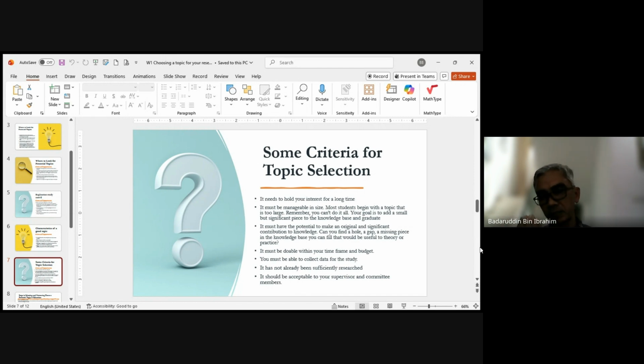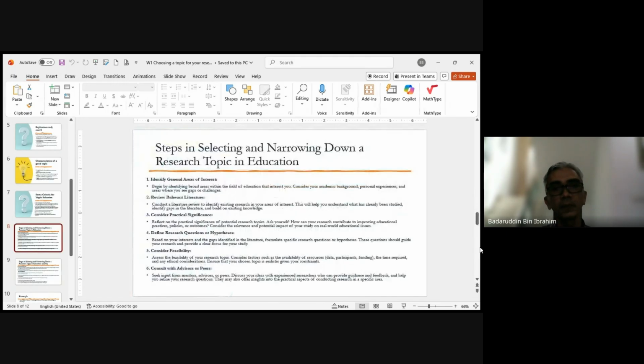So that's why I mentioned early on that you must get close and engaged with your supervisor. And the research grant normally has a research team. This can be your committee members as well, right? And then this is how you can narrow down your research topic, okay?